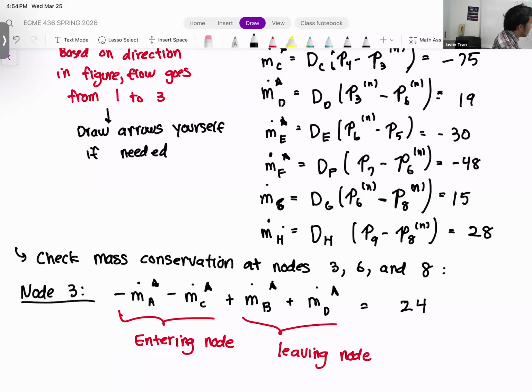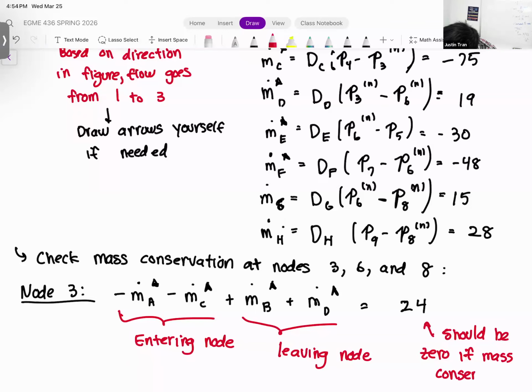If these mass flow rates were mass conserving, then everything added up at the node should be 0. But the fact that they're not means that our velocity field or our mass flow rates here are not mass conserving.